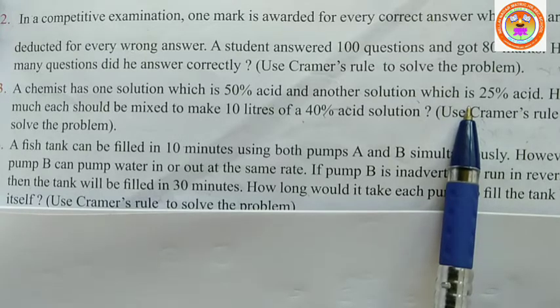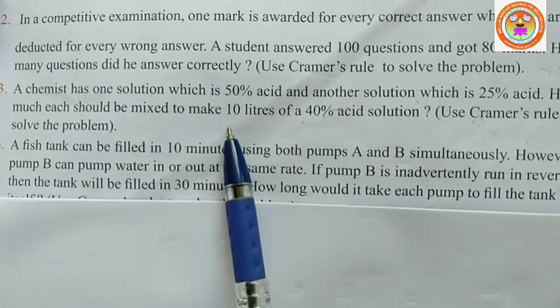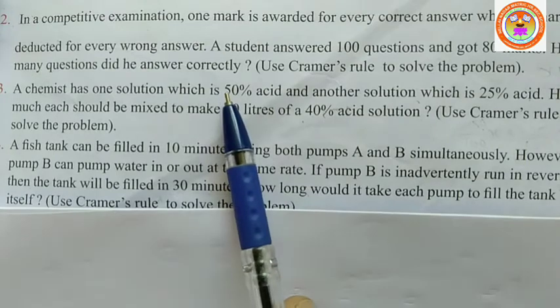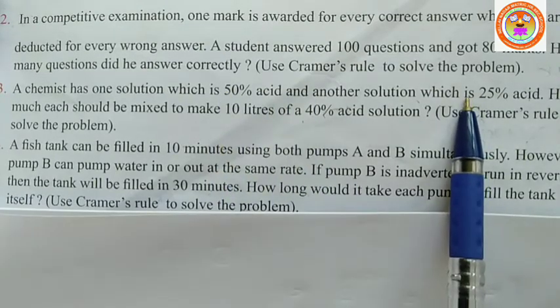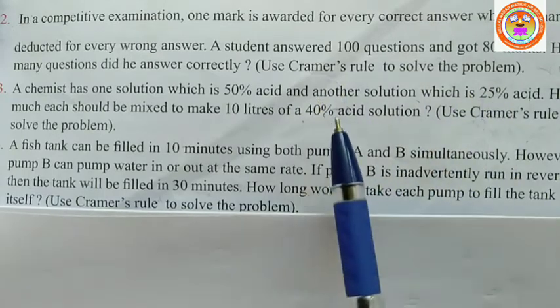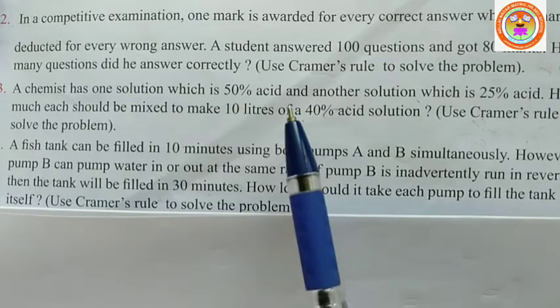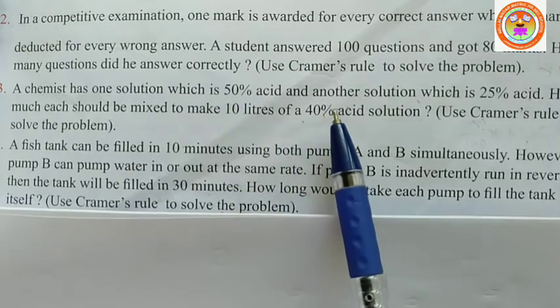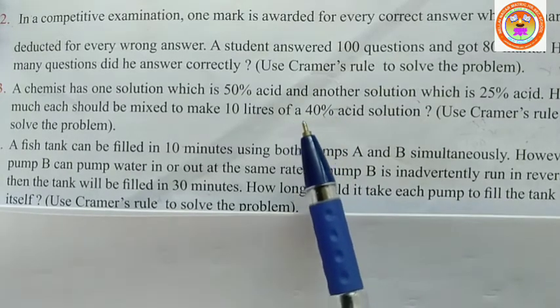That means in total x plus y is 10, and 50% of x plus 25% of y makes 40% of the total solution, that means 40% of x plus y. Is it clear? Okay. Now let's move on to the question.